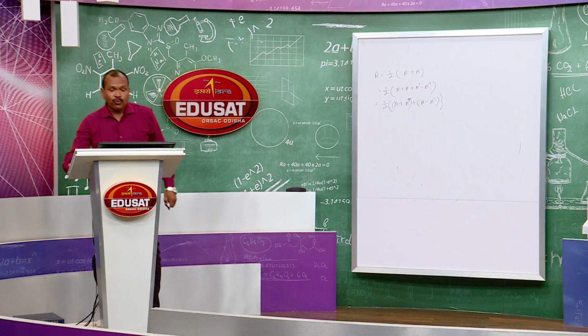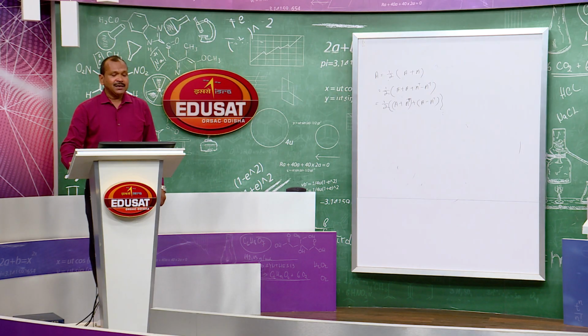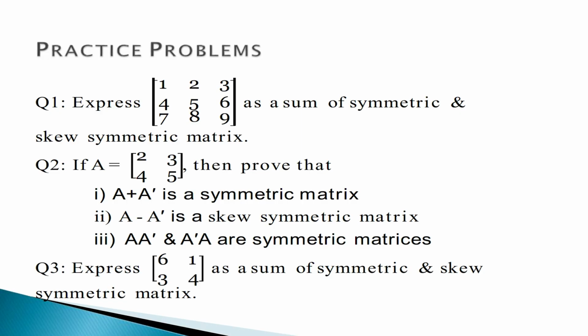Next, some problems are given here regarding symmetric and skew symmetric matrices. Problem number 1: express the matrix 1, 2, 3, 4, 5, 6, 7, 8, 9 as a sum of a symmetric and a skew symmetric matrix. Now, I work out this problem.